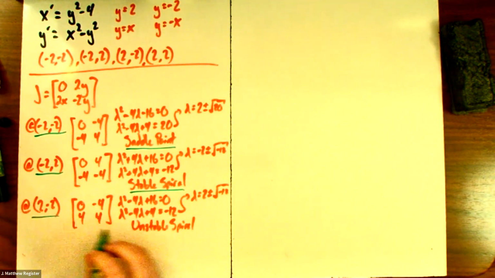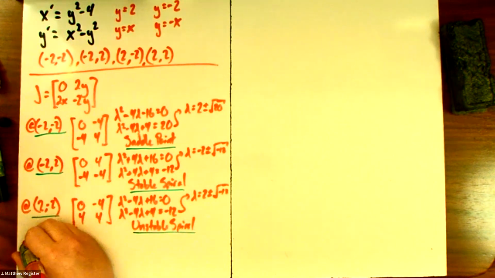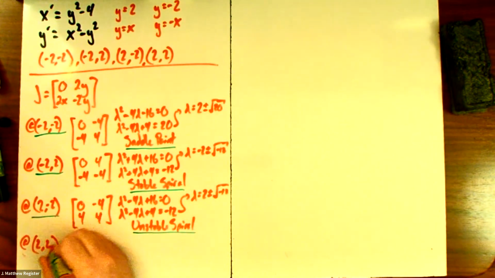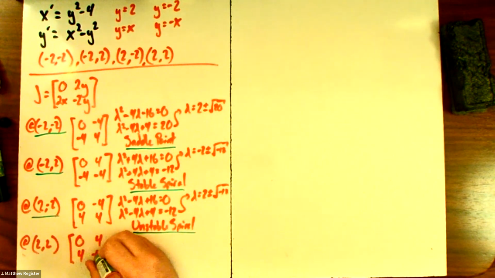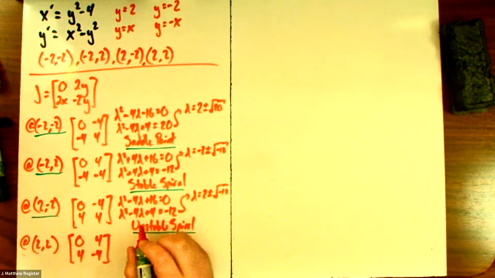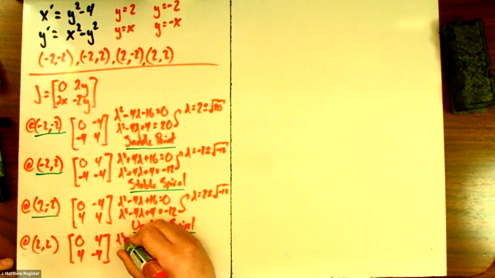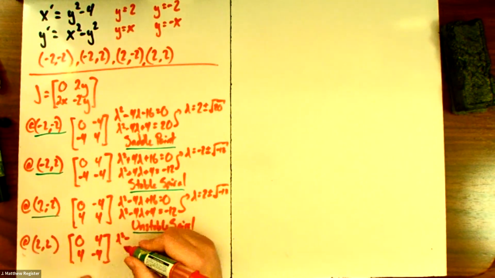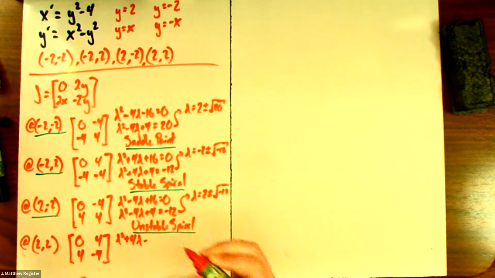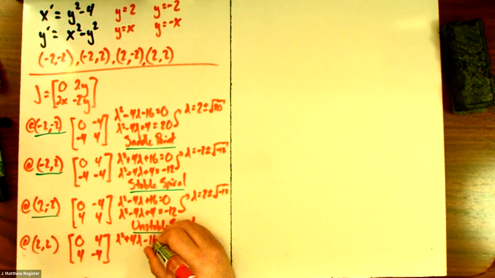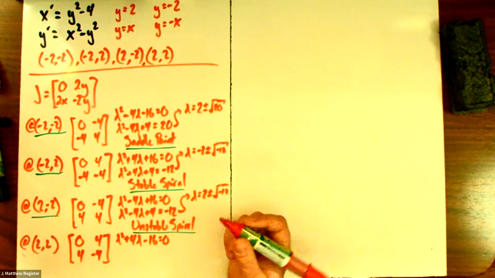One more point, and I think I can fit it down here. So at the point 2, 2, we are going to have 0, 4, 4, negative 4. That's going to give us a lambda squared, minus the trace, so plus 4 lambda minus 16 equals 0.